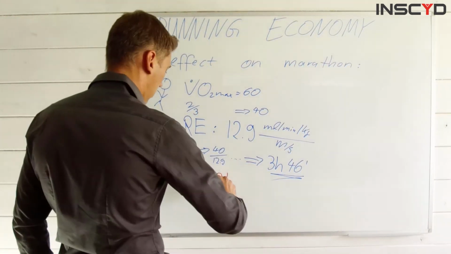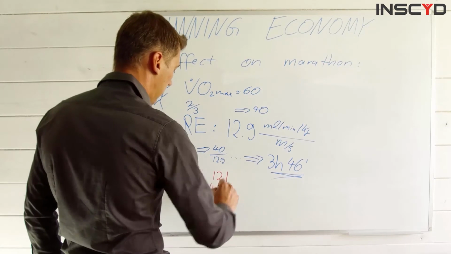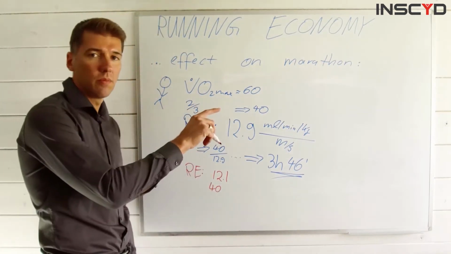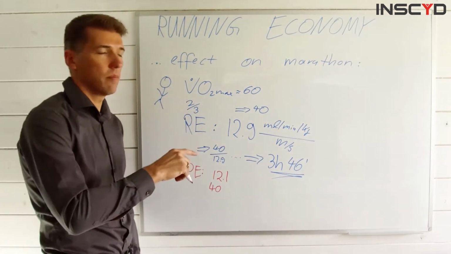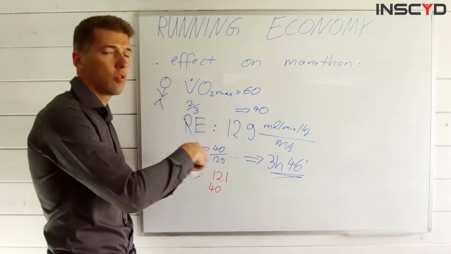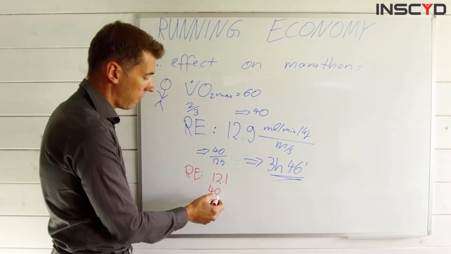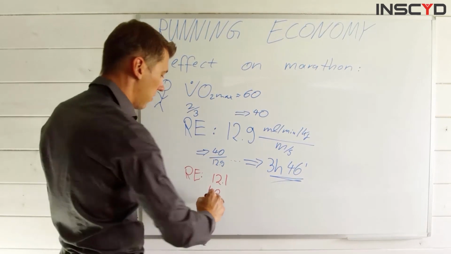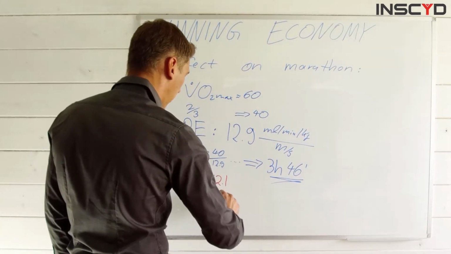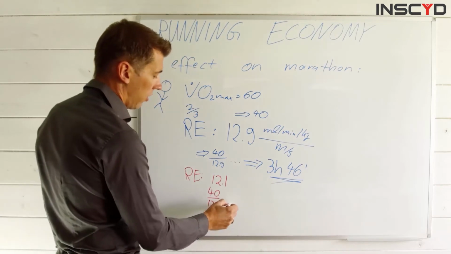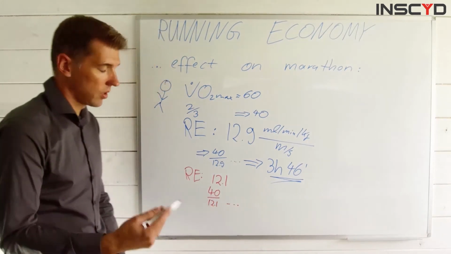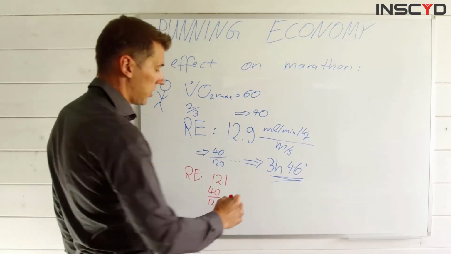So now the math goes like this. Nothing changes in the physiology. Fat max stays the same, carbohydrate combustion, VO2 max, VLA max, everything stays the same. Now we are looking at 40 milliliters divided by those 12.1, and now this ends up at 3.3 something meters per second.